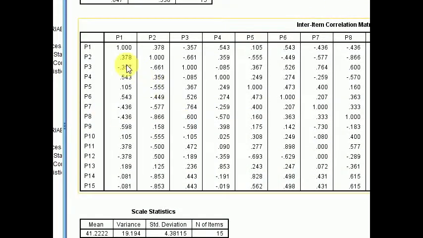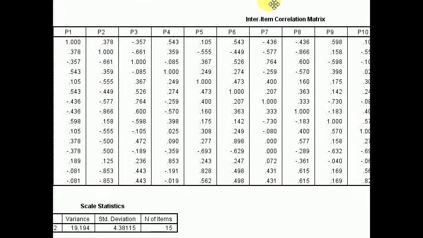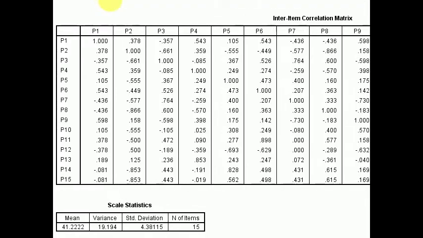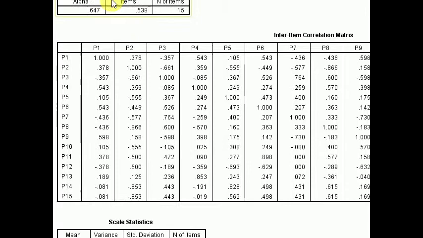Okay, you can see that some of the inter-item correlations reveal that some items are not compatible with other items. But since the Cronbach's alpha is tolerable at 0.647, we can just allow it to go, right? If you look at this, P3 and P1 are negatively related with each other.